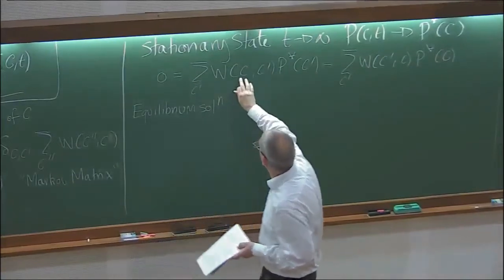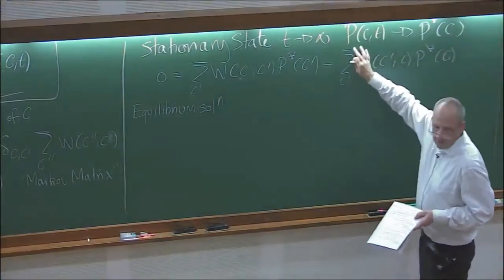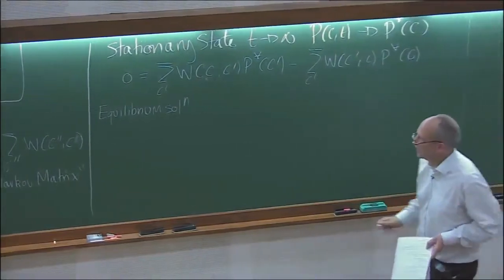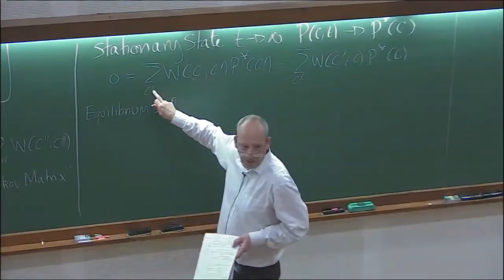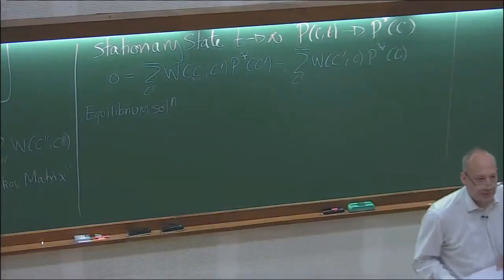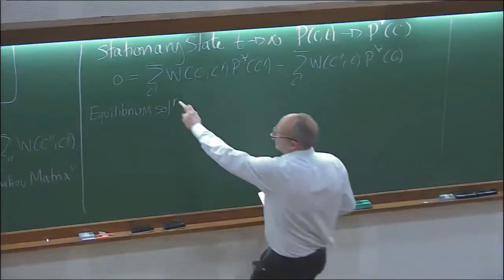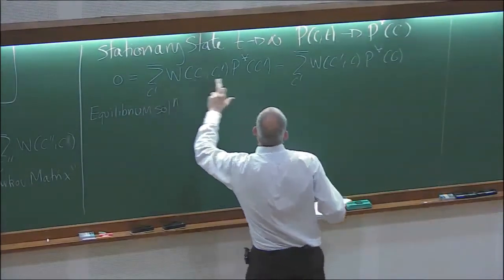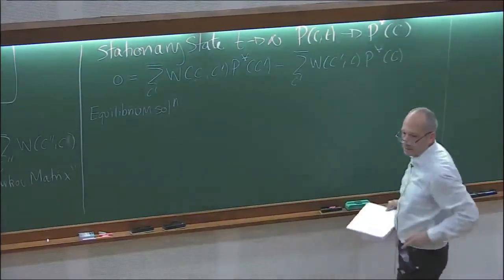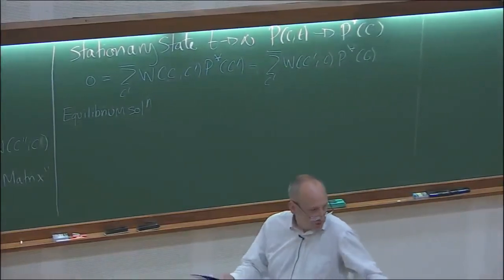So you see here, we've got a sum of terms, and then minus a sum of other terms. And for each C primed, we have one term. And the equilibrium solution is when there's a very simple cancellation of terms. So each C primed in this cancels with the same C primed in that. So that would be a simple way of solving this equation.